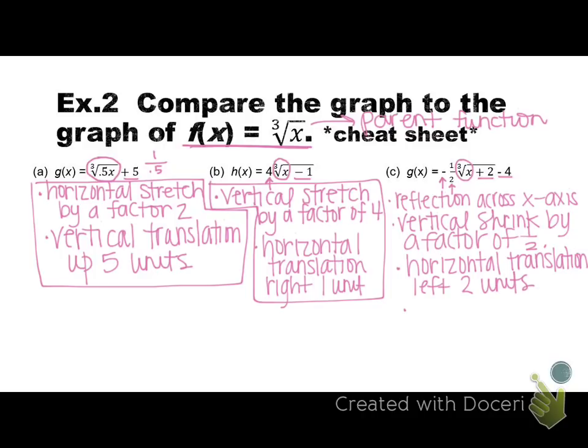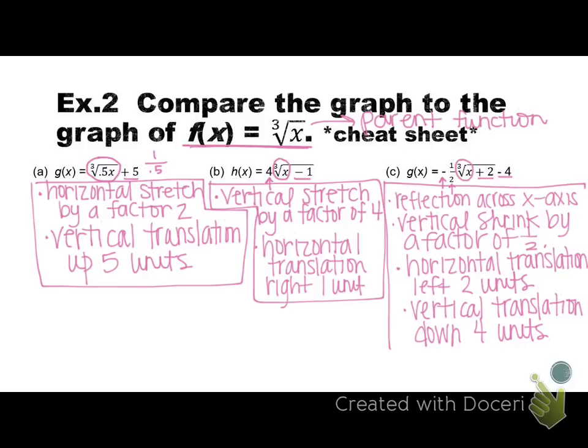And lastly, we've got that minus 4 being subtracted from the entire function, so we have the vertical translation, and this is going to be down because it's negative 4 units. So again, I think it's imperative if you can find the parent function, I think seeing the transformations is going to be even easier for you.